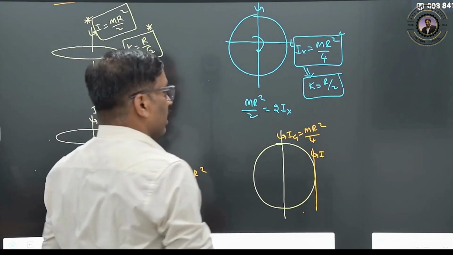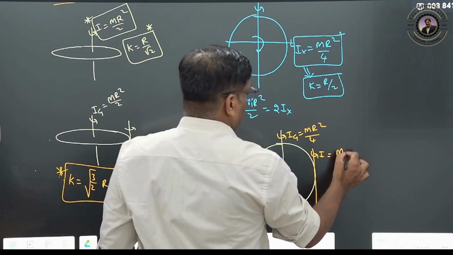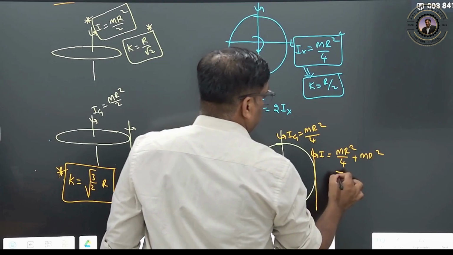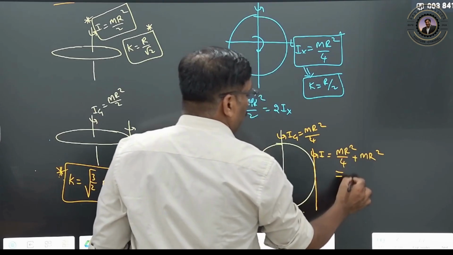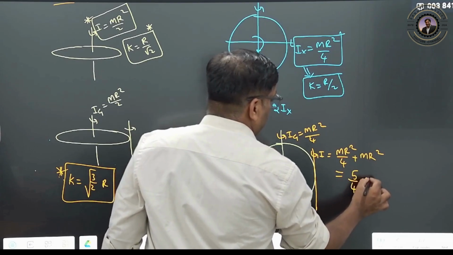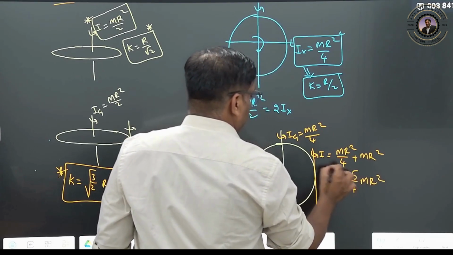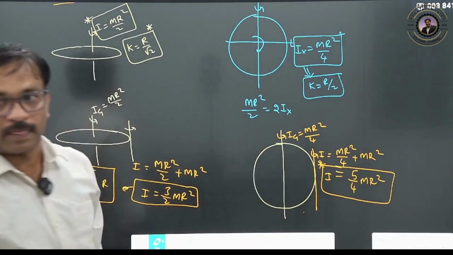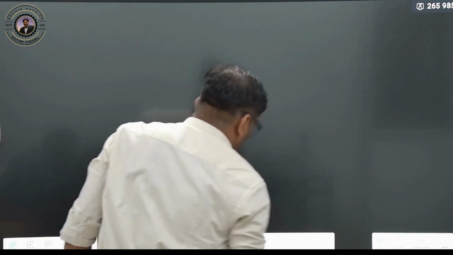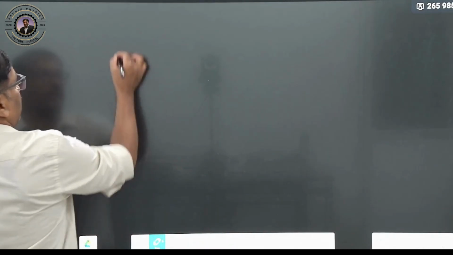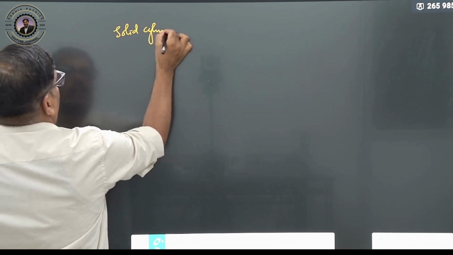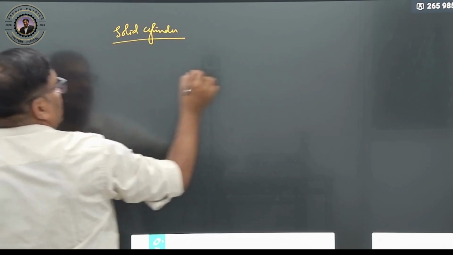Parallel axis theorem again: MR squared by 4 plus MR squared. Therefore, 5 by 4 MR squared will be your answer. Next, we'll calculate the moment of inertia of a solid cylinder and a cylindrical shell.